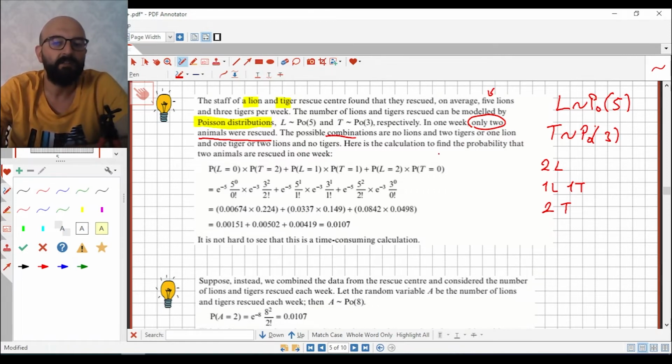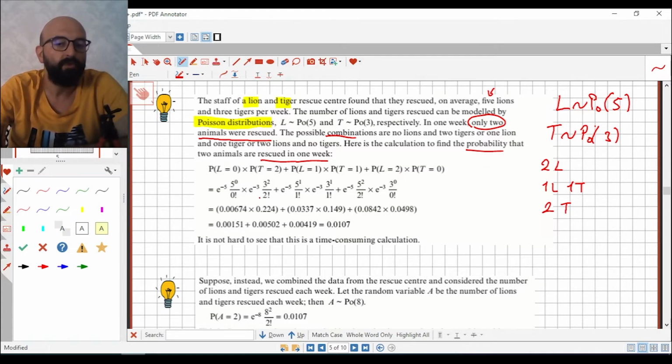Here is the calculation. Find the probability that 2 animals are rescued in 1 week: for example, 0 lions and 2 tigers, plus 1 lion and 1 tiger, plus 2 lions and 0 tigers.